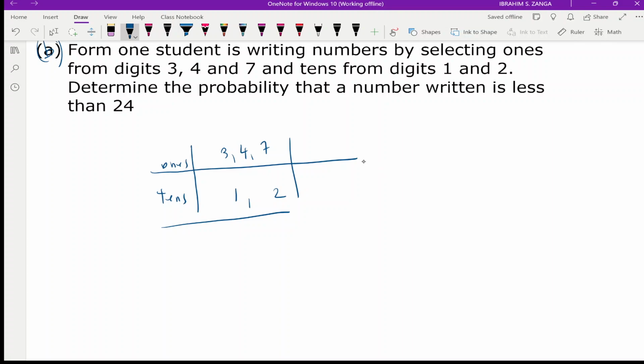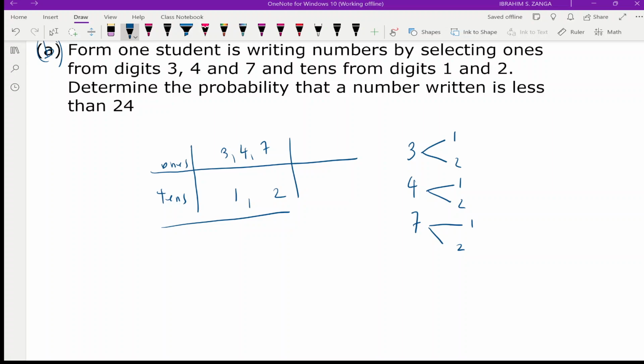So the way we are going to write this, dear students, we can start with 3, 4, 7, then 3, 4, 7. From here you can see that tens will be from 1 and 2. In 4 again 1 and 2, in 7 again 1 and 2.